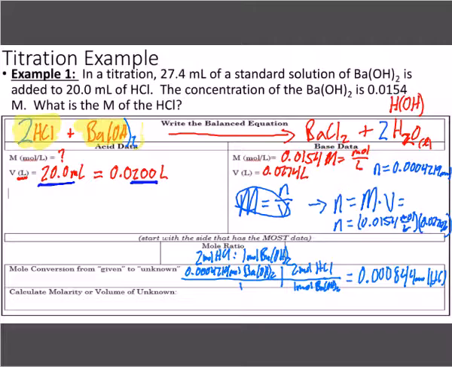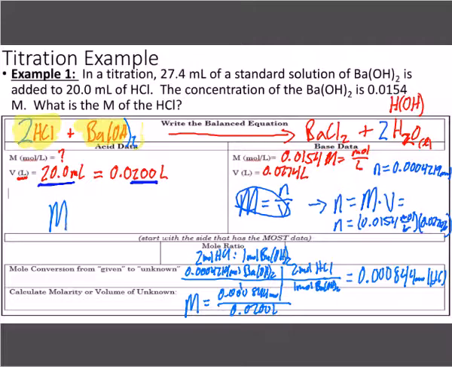Now, how do I figure out the molarity, guys? Yeah, N over V. Right? We have the V already. We have our moles. 0.000844 moles divided by our liters, which we already did at the top, 0.0200 liters.